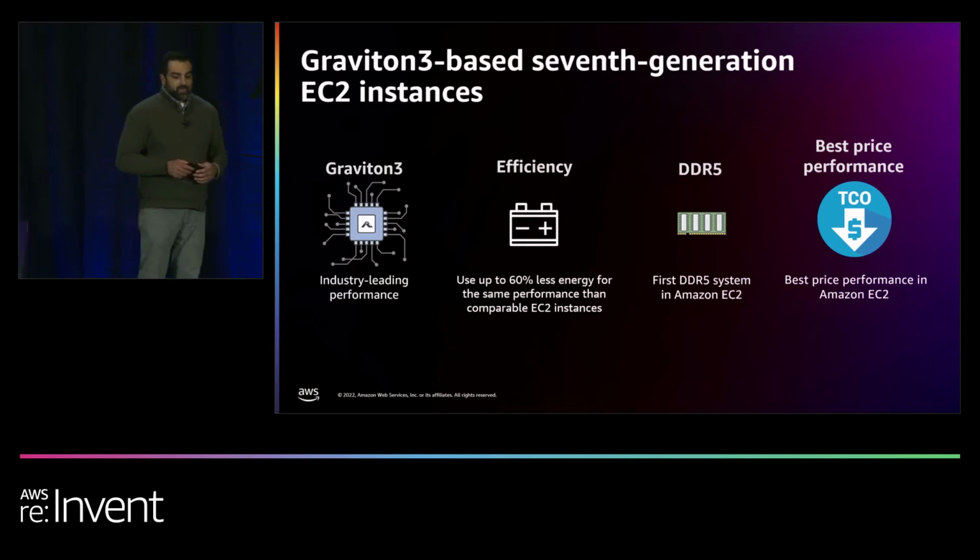One example of how we build hardware with sustainability in mind is Graviton 3, which is our third-generation ARM-based processors. Graviton 3-based Amazon EC2 instances use up to 60% less energy for the same performance than comparable Amazon EC2 instances, while delivering higher performance and new features like DDR5 and the best price performance.